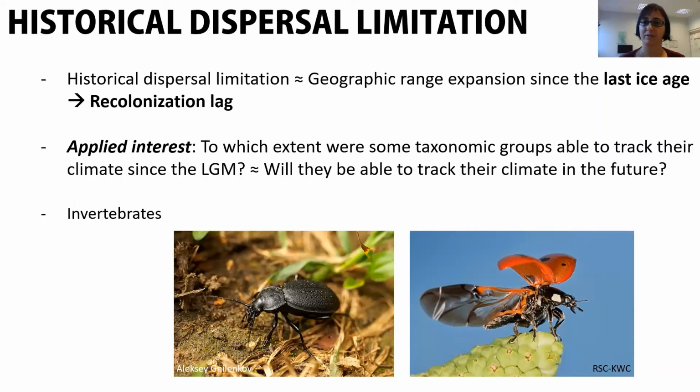So if we are able to find signatures in the biogeographic pattern that we can relate to this dispersal, or to morphological traits related with this dispersal ability, and if we identify this signature as the result of this incomplete recolonization and this historical dispersal limitation, then we can try to see if in other invertebrates or in other taxa in general we see the same signatures, because those could be indicative of strong dispersal limitation.